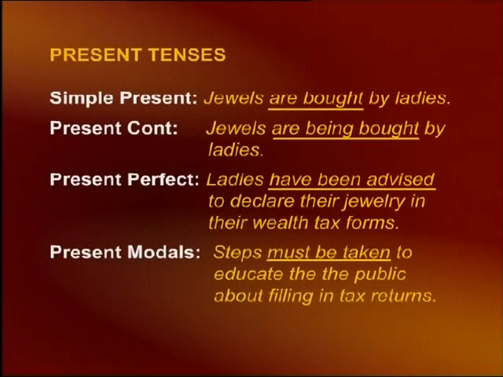Present perfect: ladies have been advised to declare their jewelry in their wealth tax forms. And the use of modals: steps must be taken to educate the public about filling up tax forms. The past tenses.